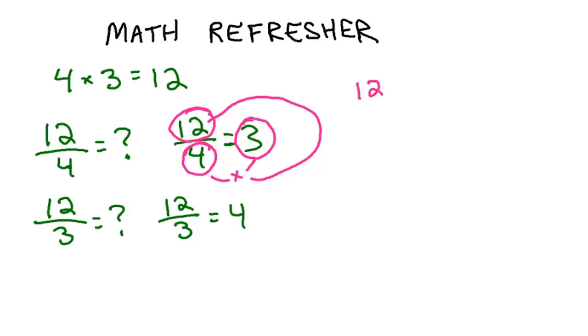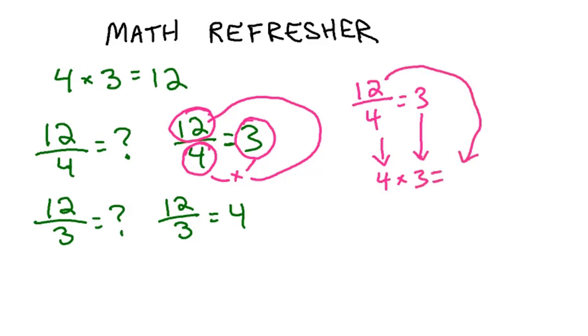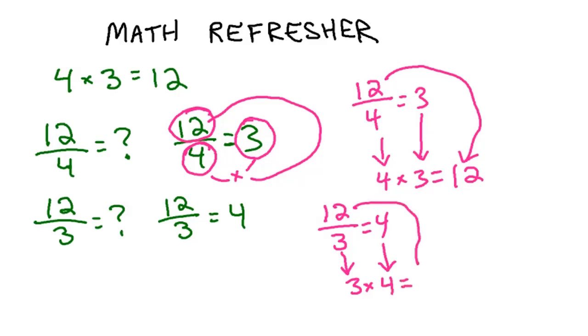So if you have 12 divided by 4 equals 3, you can take that 4 times that 3, and you're going to end up getting 12. If you have 12 divided by 3 equals 4, well, same thing. 3 times 4 equals 12.